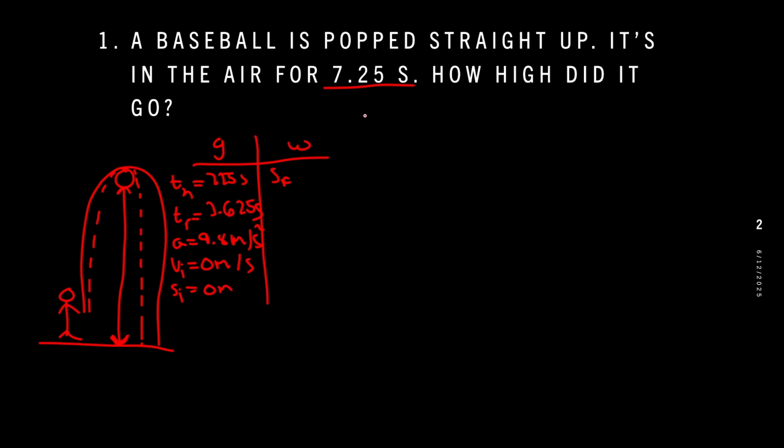But for this problem, we can use the equation S_F equals S_I plus V_I t plus 1/2 a t squared. So S_F is final position, S_I is initial position, V_I is initial velocity, a is acceleration due to gravity, and t is time.